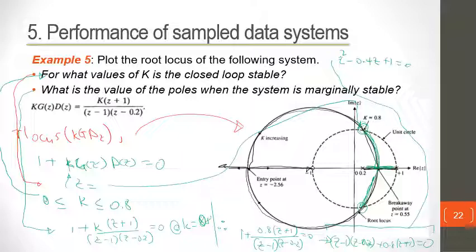And then if you solve for this, you will see that your poles P0, P1 should be equal to 0.2 plus or minus j0.98. So the location of these poles should be around there. And so we can find the value of the poles when the system is marginally stable. Right.